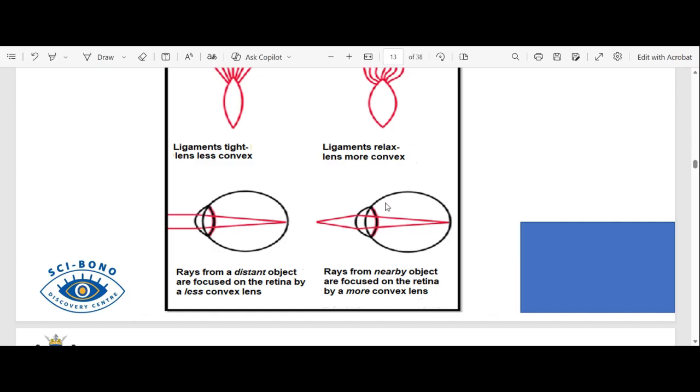Now let's look at your lens for a nearby object. As you can see, your lens is more convex, right? Why is it more convex? So that it increases the refractive power, thus focusing the light directly on your retina, right? Okay.